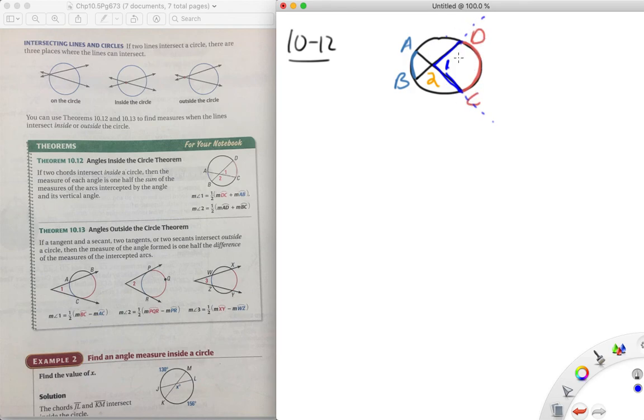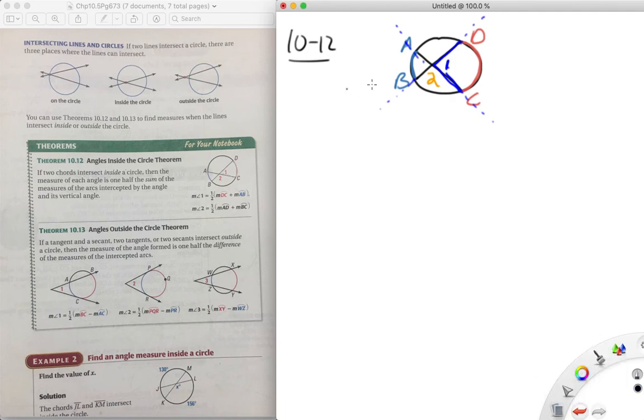All right. We also know that this is a vertical angle, right? So this guy right here can also be considered 1, and it also has a captured arc over here, like so. So that captured arc and that captured arc, we have 2. We have arc DC, we have arc AB.